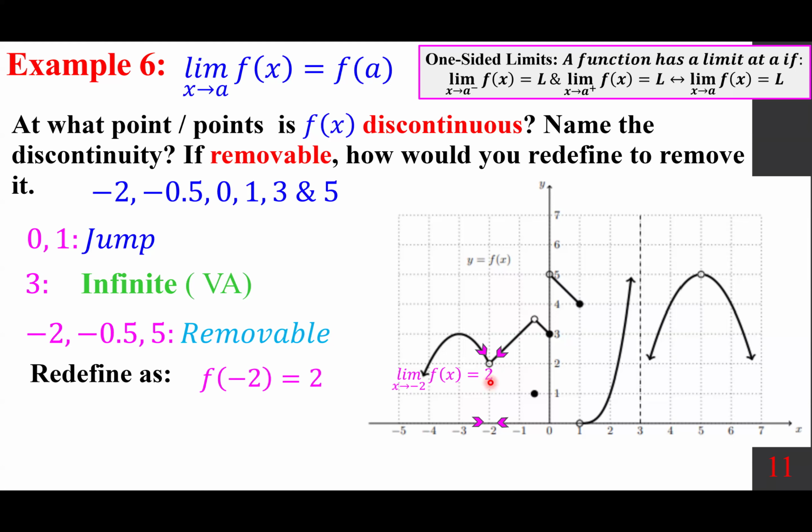All right. Now we go to the next number, negative 0.5 here. As you notice, here's number negative 0.5. From the left and right, we are moving towards this point. And that seems to be about 3.5, which means the limit of f of x as x approaches negative 0.5 must be 3.5.